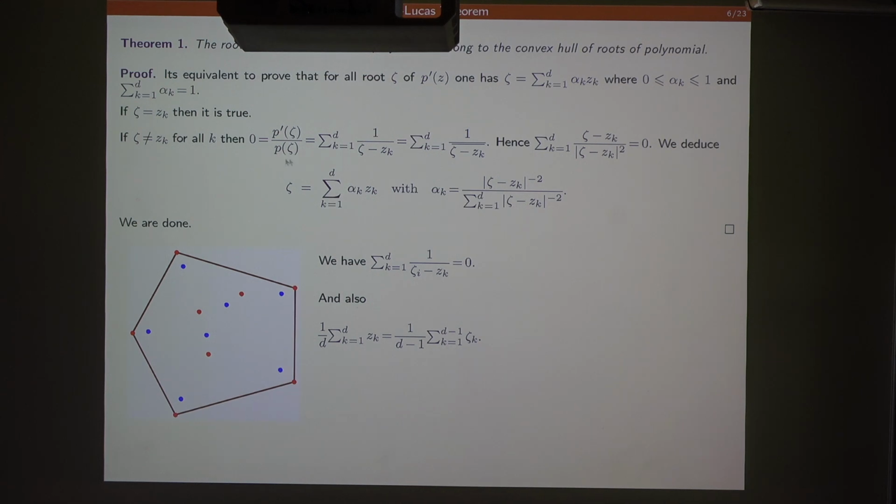And from this relation, it is very easy to write the root of the derivative like that with these coefficients. And the sum of these coefficients is exactly 1.